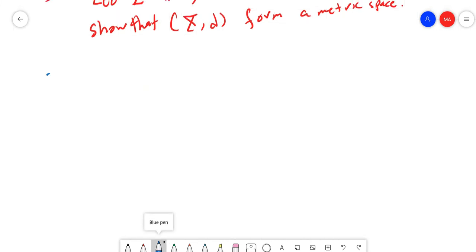Let us go directly to the solution. Clearly, we need to check the 3 conditions.